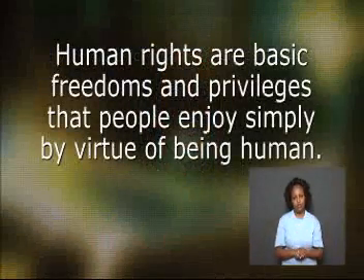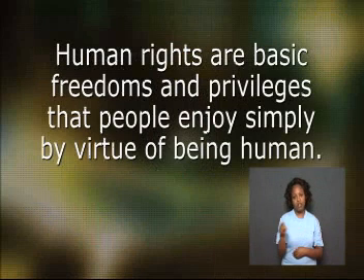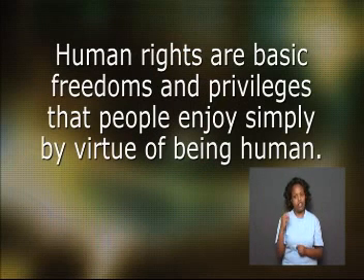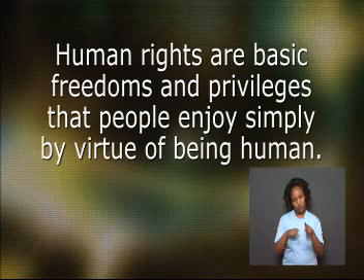Human and democratic rights are closely related. Students, you already know that human rights are basic freedoms and privileges that people enjoy simply by virtue of being human.